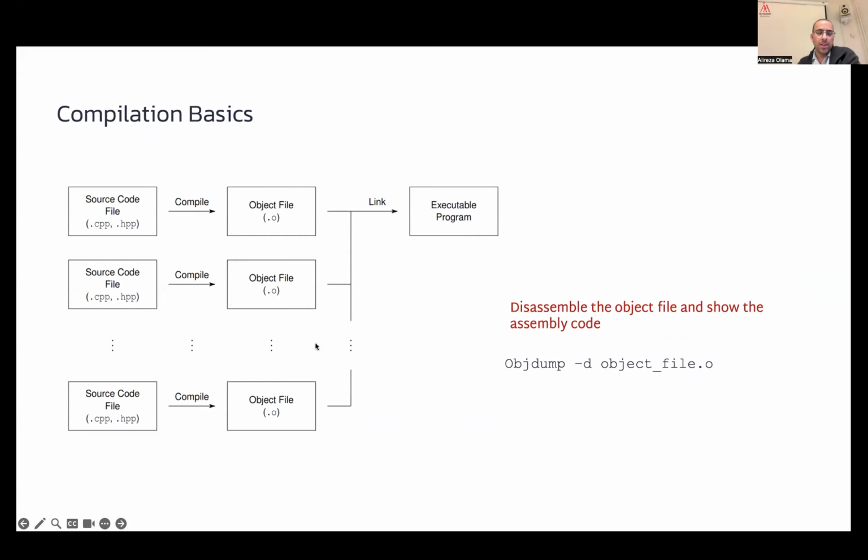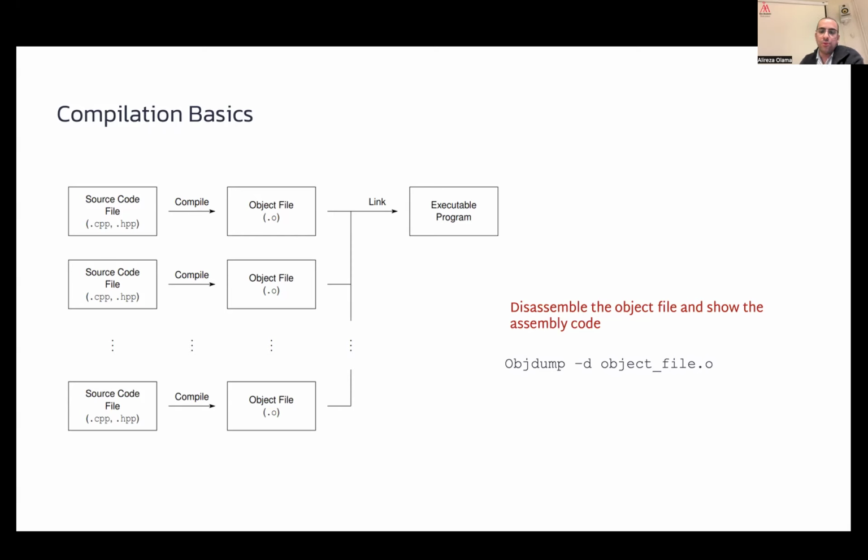Okay, so if you have multiple source files, like multiple CPP files, what the compiler does is the following. It first generates an object file for each source file, right? And then there is a program called a linker that links all of these object files and creates an executable program.